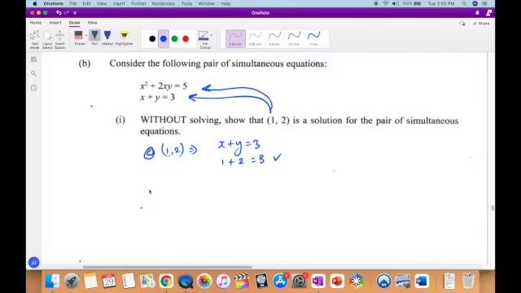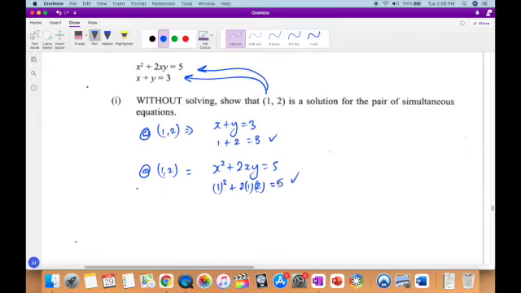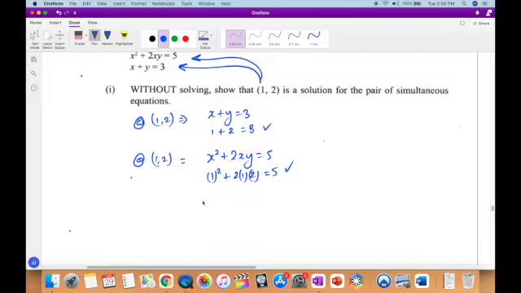Yes. And then at (1, 2) again, we have x squared plus 2xy equals 5. So therefore x, which is 1 squared, plus 2 times 1 times 2, is equal to 5. Yes. So without solving, (1, 2) is a solution.